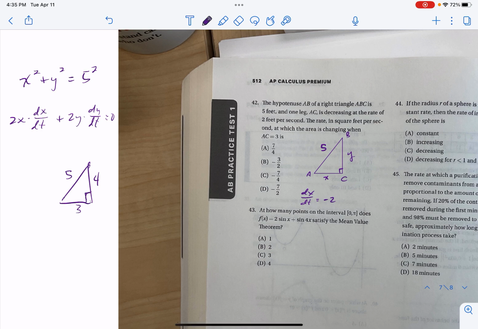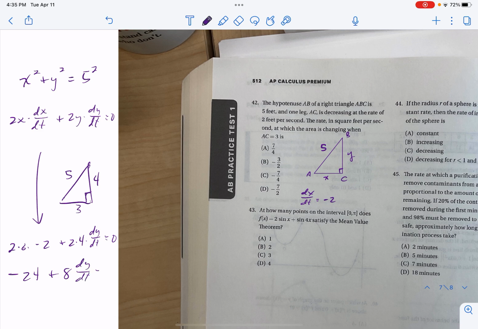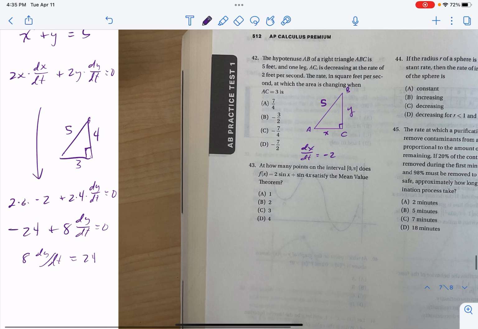So what's going on at that moment? We have 2 times 3 times negative 2 plus 2 times 4 times dy/dt equals 0. So negative 24 plus 8 dy/dt equals 0. 8 dy/dt equals 24. And dy/dt at that moment is 3.